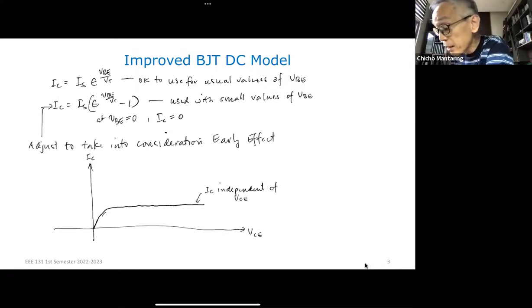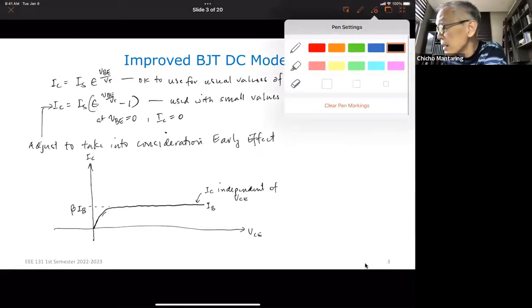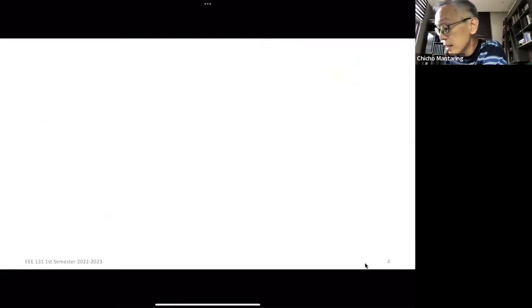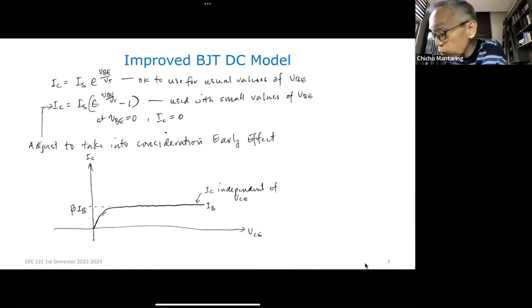In fact, we said that IC is equal to beta times I sub B, where this is a particular I sub B. But that is not the case. In reality, if you take a look at the curve, there's going to be a slight slope. This is the real curve.